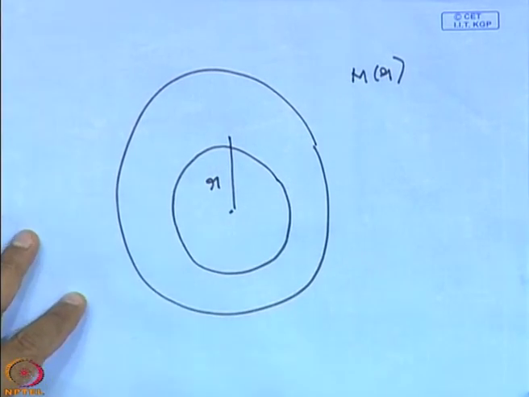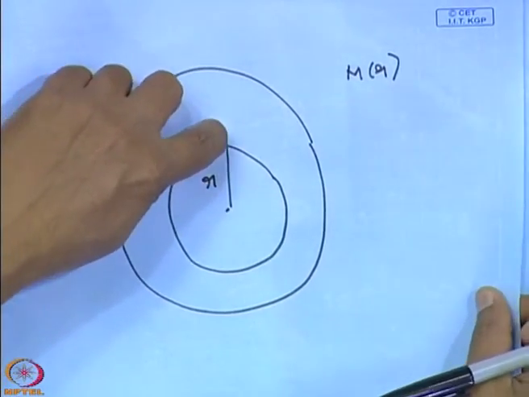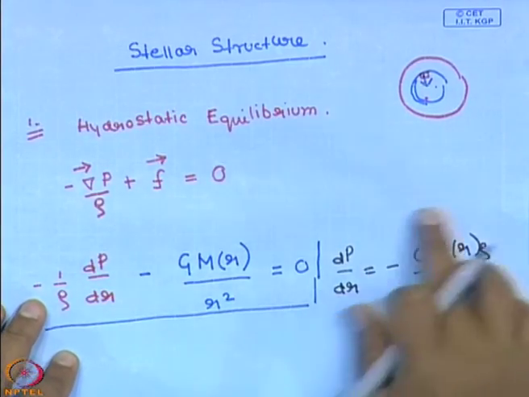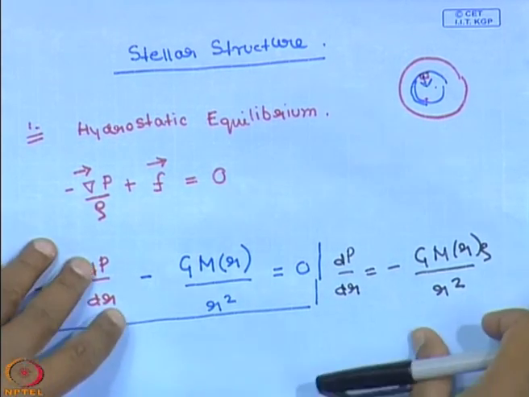Okay. So, that is all that contributes to the gravitational acceleration over here, and this is the equation for hydrostatic equilibrium. Okay. So, that is the first equation.